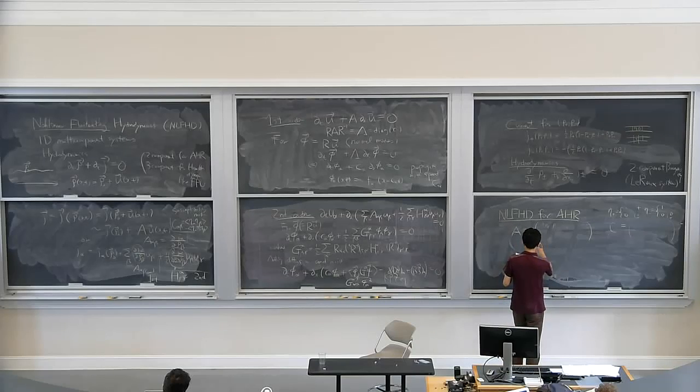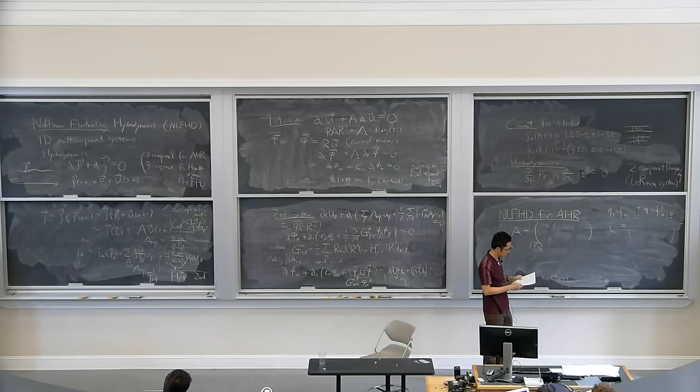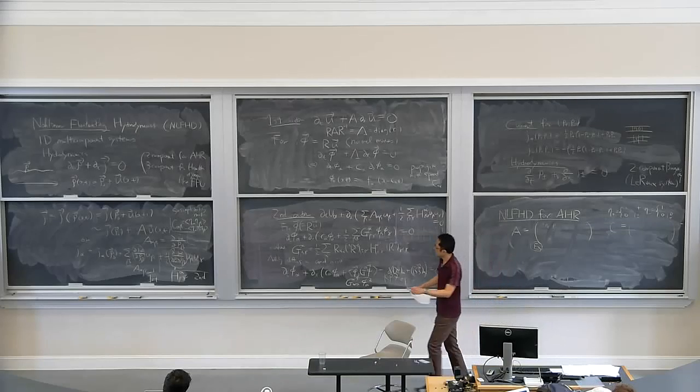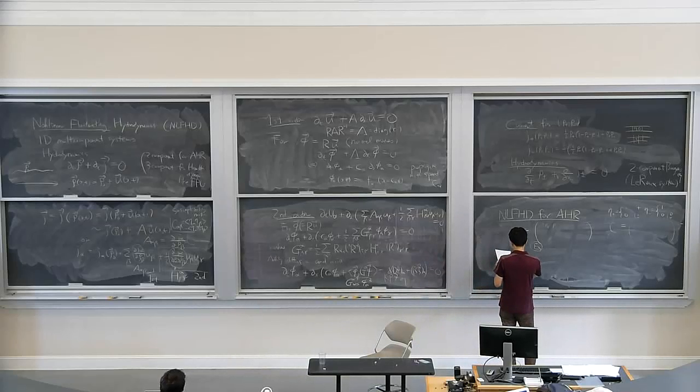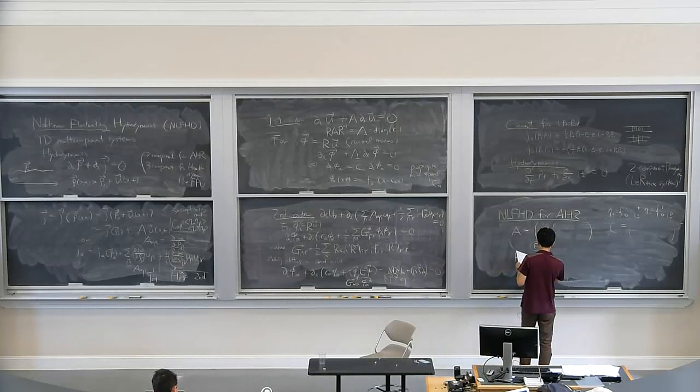Then this is some given matrix, a 2 by 2 matrix, which can be diagonalized like this. Then I give you the matrix R explicitly.